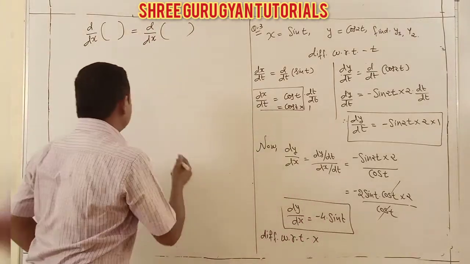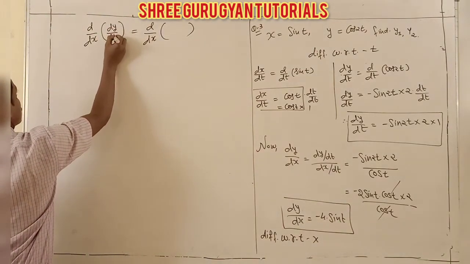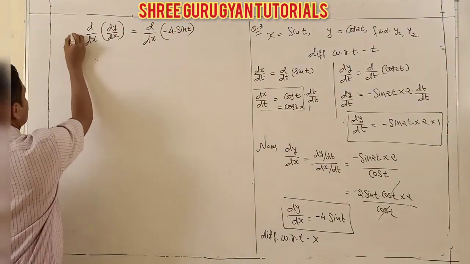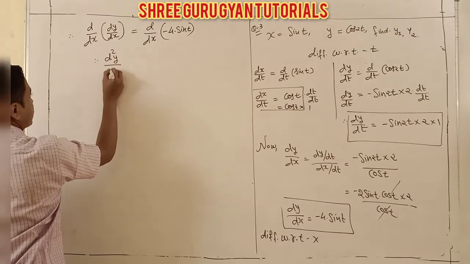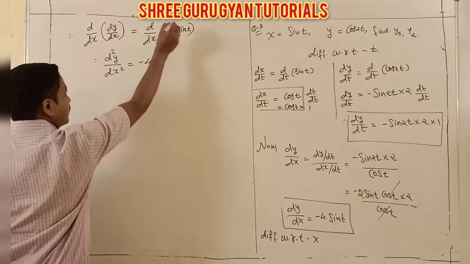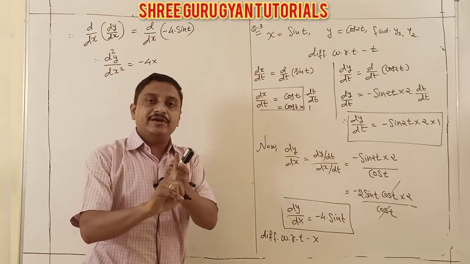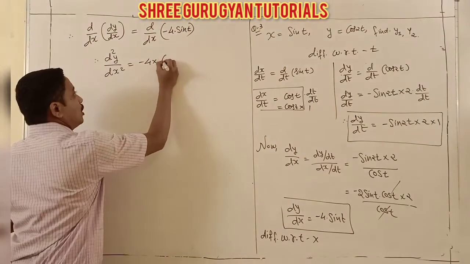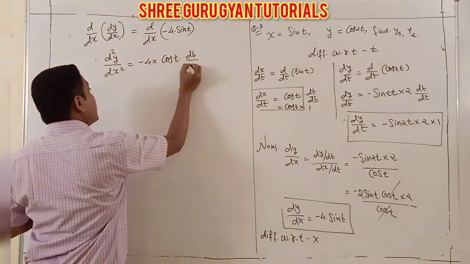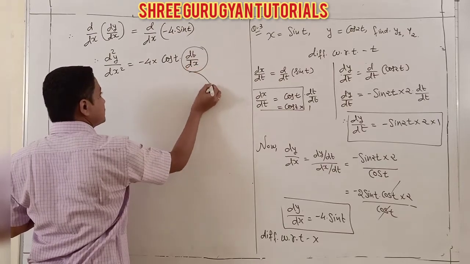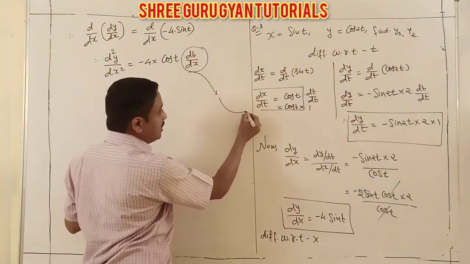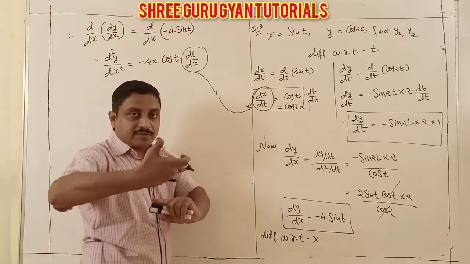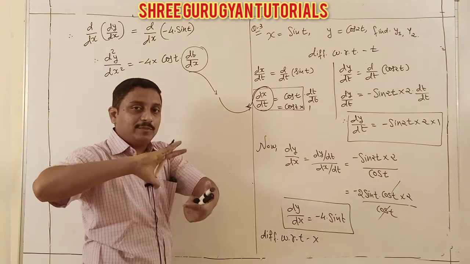As dy by dx is minus 4 sin t, we take the derivative of that. So d square y by dx square is minus 4. Now the derivative of the sine function is cos t, and then dt by dx. Now students, this dt by dx is the reciprocal of dx by dt, which is already known.